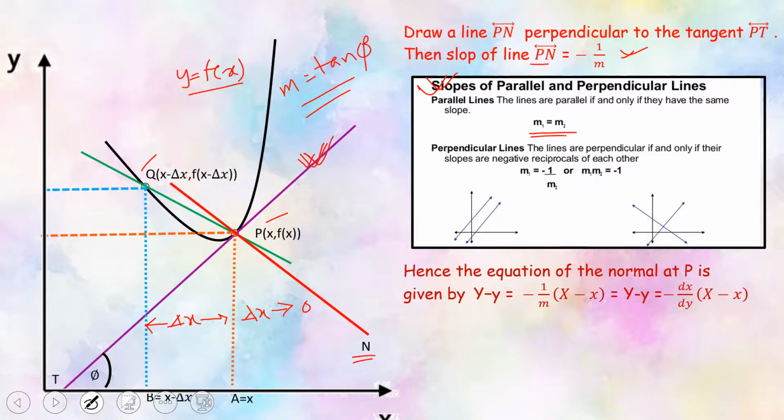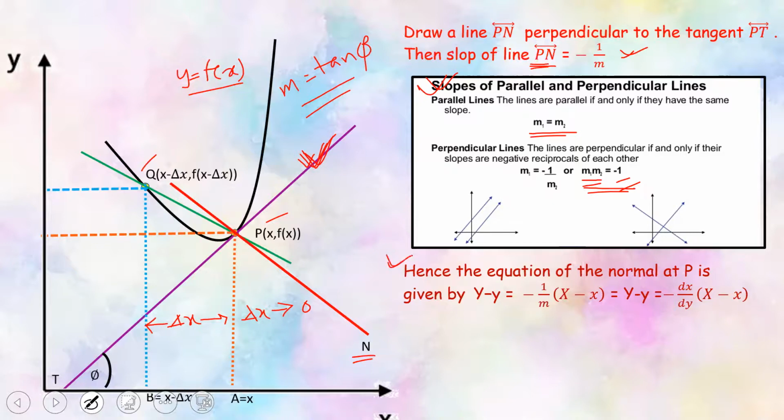If 2 lines are perpendicular, then the product of their slopes, m1 into m2, should be minus 1. So from here I can say the slope of this perpendicular PN should be minus 1 upon the slope of this tangent PT.